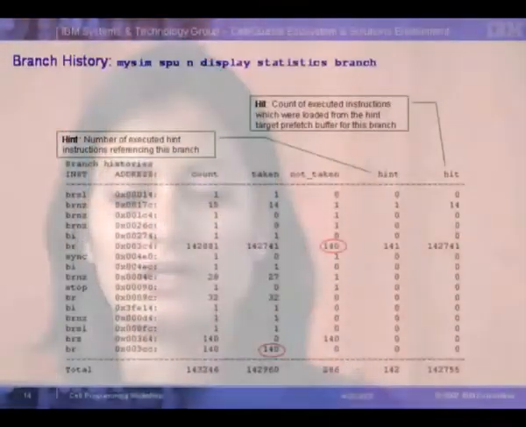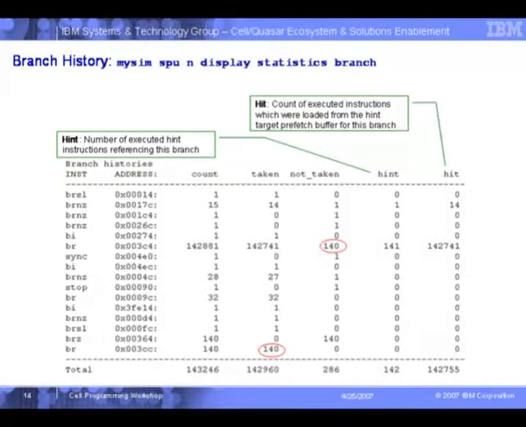And then you type this command, mysim spun display statistics. So it will print a complete recap of the number of hints, the number of branch instructions that were not taken, the number that were taken, the number of hints, the number of hits.